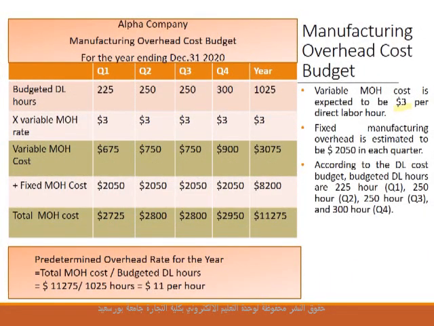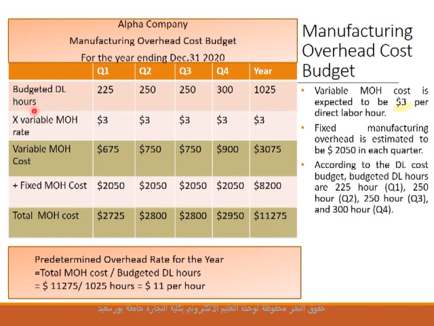Let's now check manufacturing overhead cost information that we have over here. Variable manufacturing overhead is expected to be $3 per direct labor hour, and fixed manufacturing overhead is estimated to be $2,050 in each quarter. And data about budgeted direct labor hours can be obtained from the previous direct labor cost budget. Let's now start in preparing manufacturing overhead cost budget.